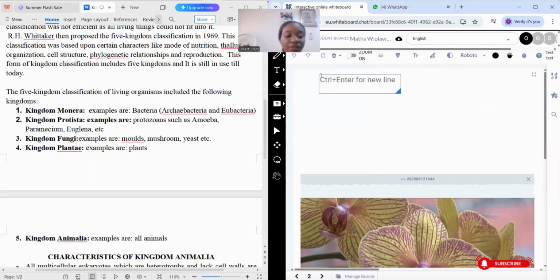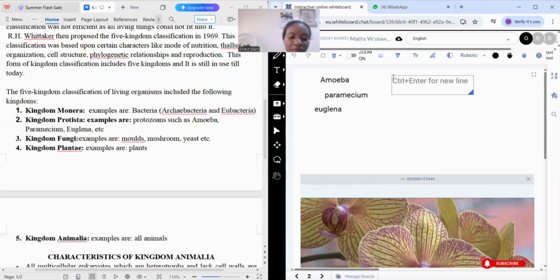Examples of protists, we have the amoebas, we have the paramecium, we have the euglena, and also we have the chlamydomonas. So these are examples of protozoans or protists.